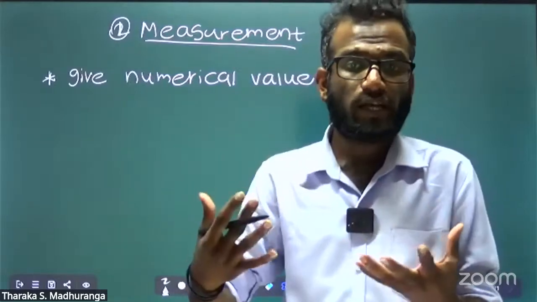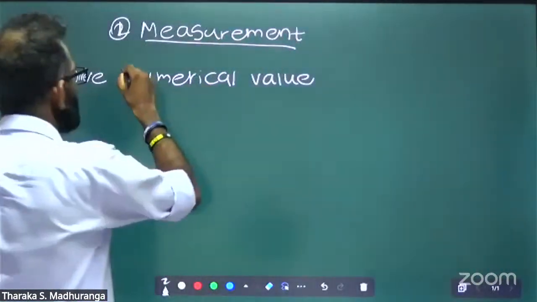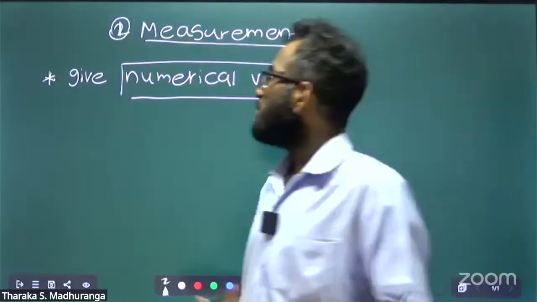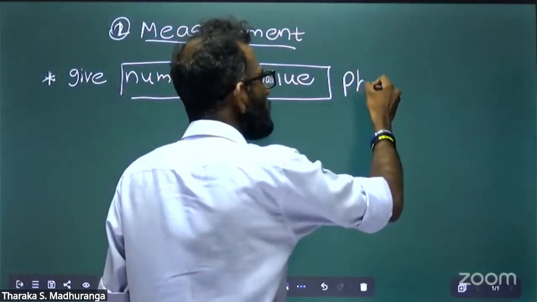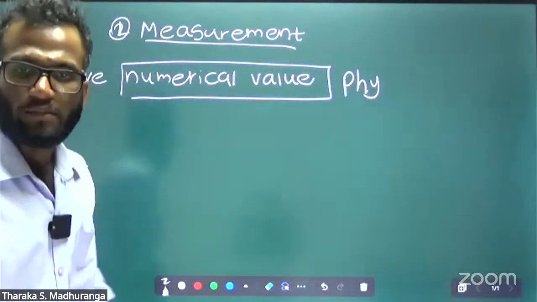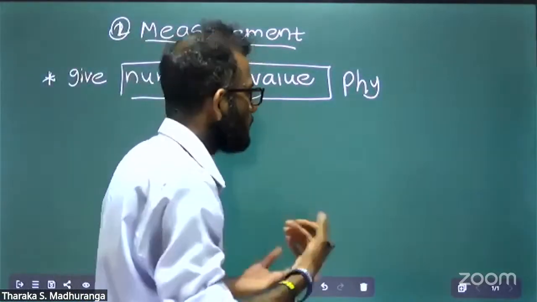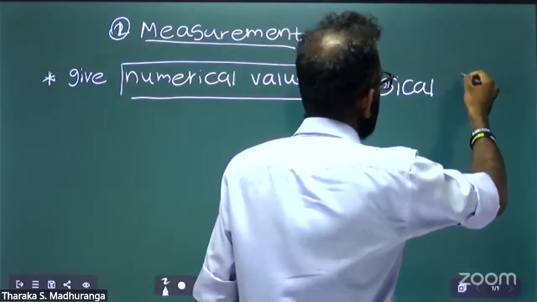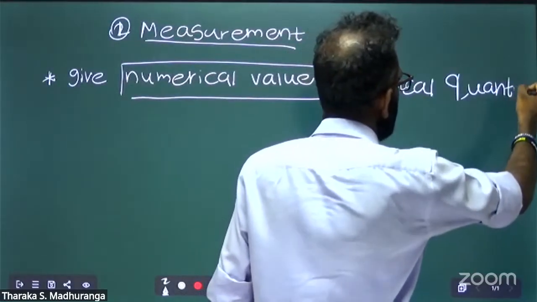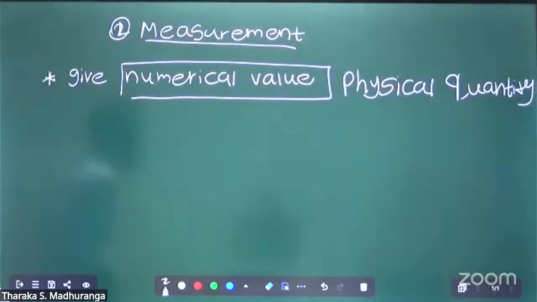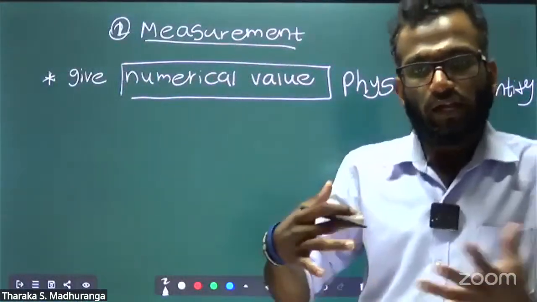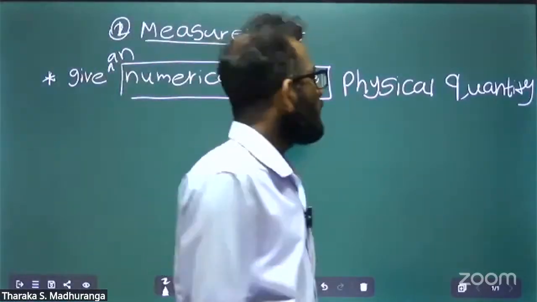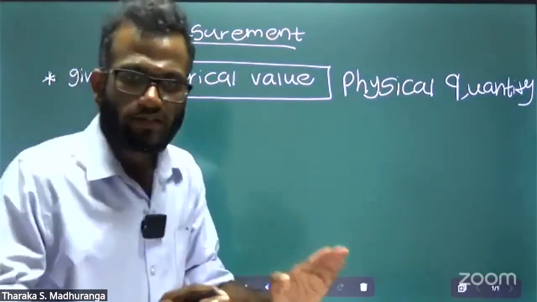Giving a numerical value for any physical quantity, that we simply call a measurement. Not only quantity, we call it physical quantity. Physical quantity and quantity are both the same, but in the physics definition we consider physical quantity. Giving a numerical value for any physical quantity is called a measurement.